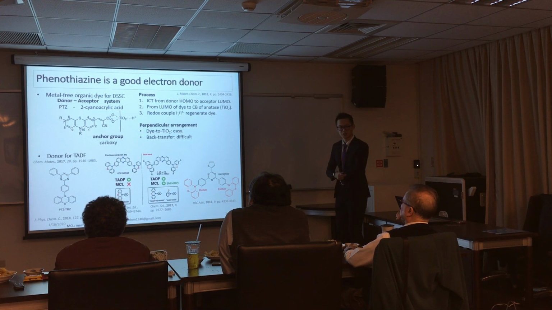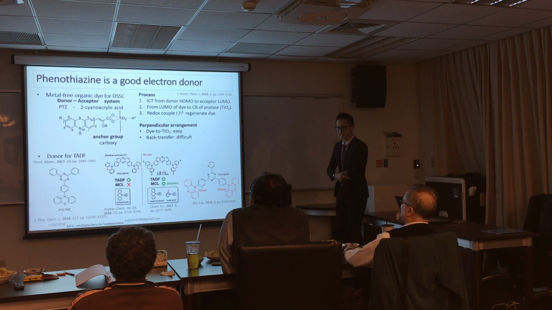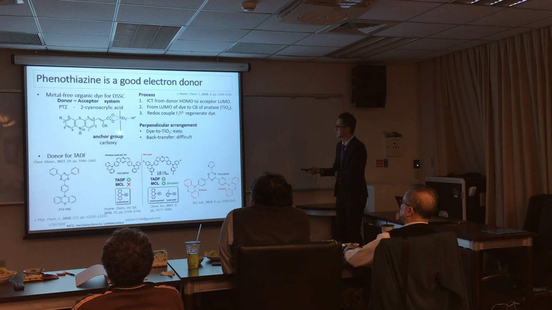Phenothiazine is a good electron donor. Because of this property, it can be used in dye-sensitized solar cells. By combining this good electron donor with an acceptor, forming a conjugated system, a donor-acceptor system, when light illuminates the dye, intramolecular charge transfer will happen.